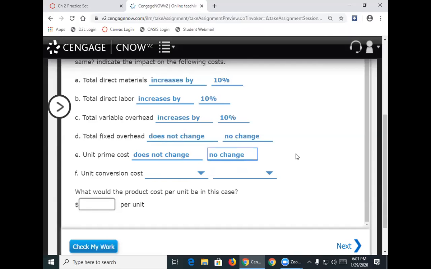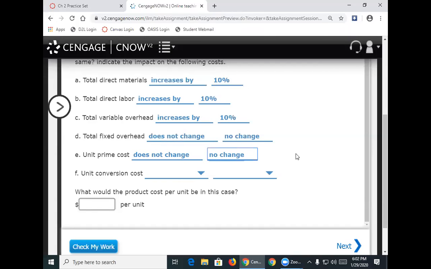Exactly. Very good. So fixed overhead, that's the tricky thing with fixed and variable costs, right? With variable costs, they stay the same per unit, but your total variable costs increase with production changes, right? With fixed cost, they're the same per month regardless. So the unit fixed cost will go down the more we produce.